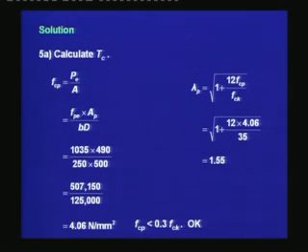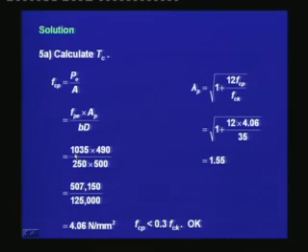Now we are moving on to the design of the transverse reinforcement. Calculate TC. First we are calculating FCP, which is the average pre-stress in the section. The average pre-stress is calculated as PE divided by A, which is equal to FPE times AP divided by B times the total depth.